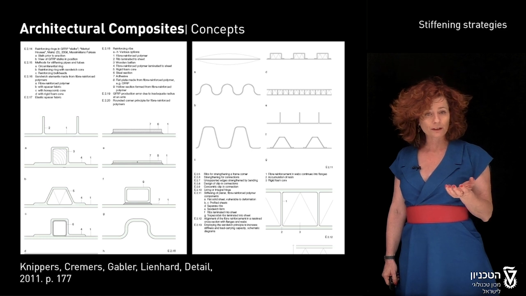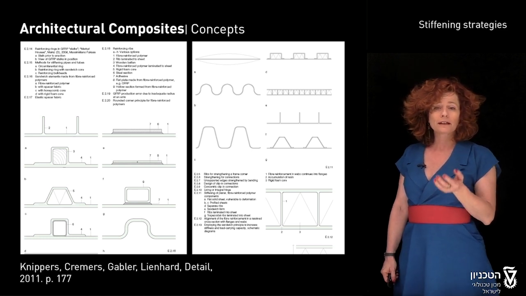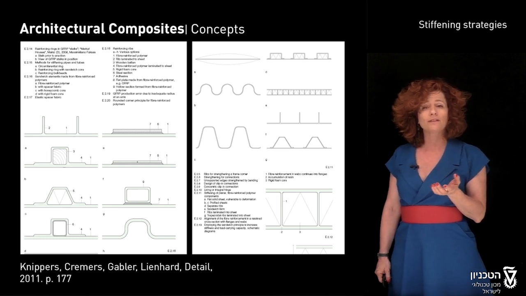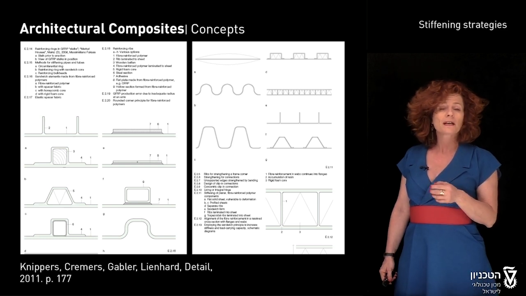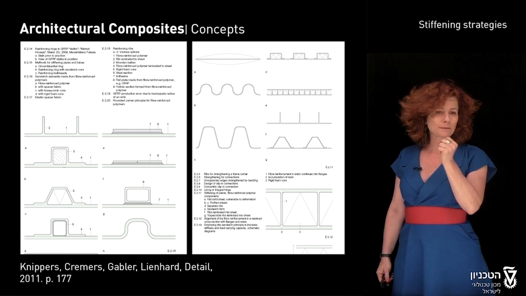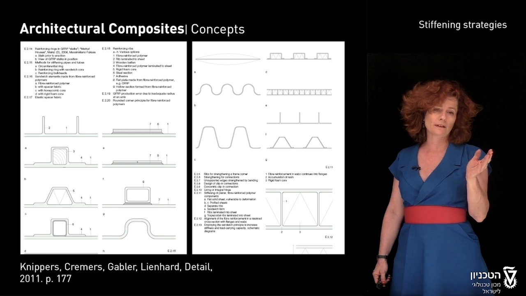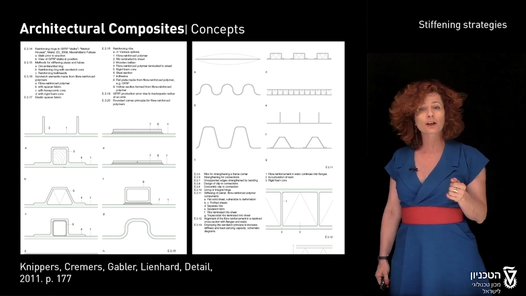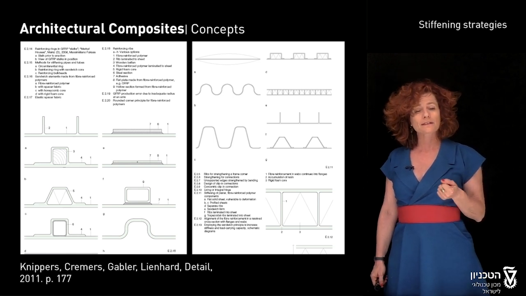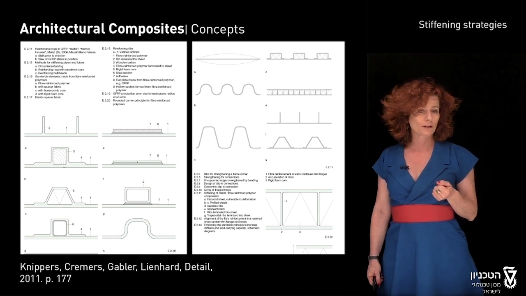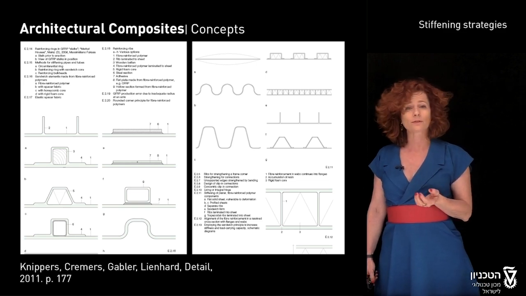Actually, stiffening strategies still are used today. Here you see a manual of composite materials and polymers, and you see that actually these pleating, bending, or corrugating the material, adding curvature, actually adds stiffness to the material without adding a lot of mass or matter.